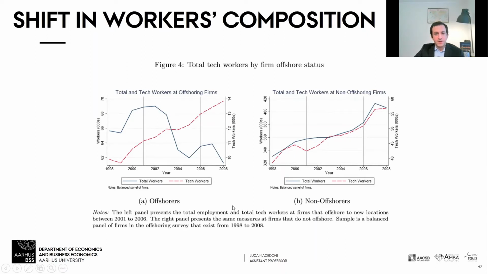So what's going on here? Perhaps some production workers are not going to be working anymore in those companies, or perhaps the companies just stop hiring, and so production workers that retire don't get replaced. But the number of tech workers is increasing. So as these firms are offshoring, they're becoming more technologically intensive.